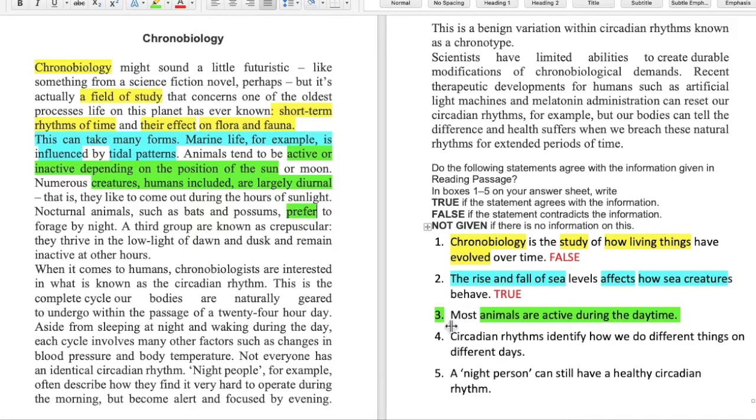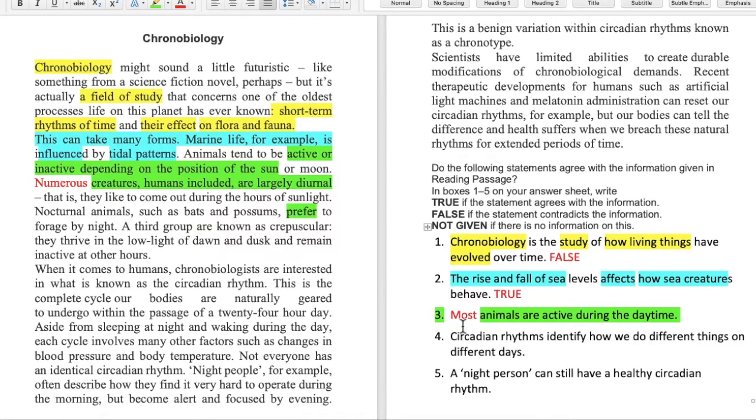But now I want you to identify whether most is the same as numerous or not. Most means majority, while numerous means many, a number of, a large number of.